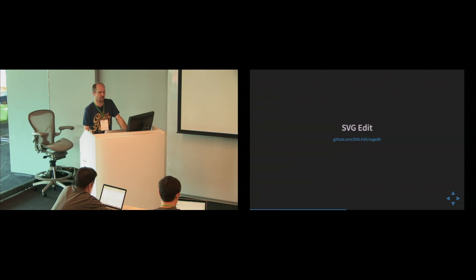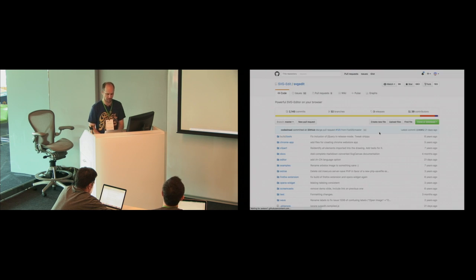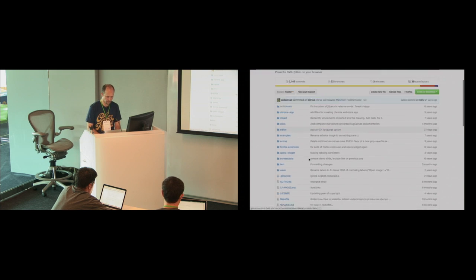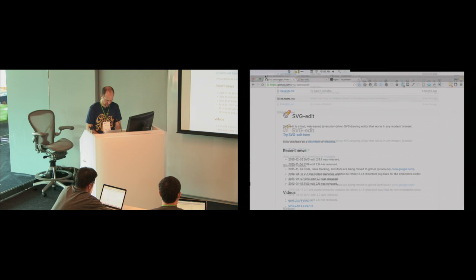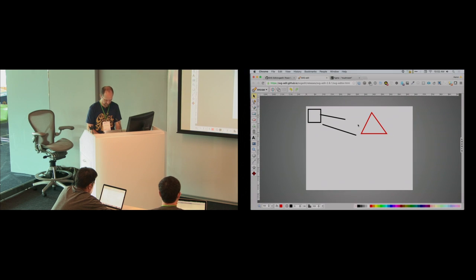There's also another editor called SVG Edit, which is definitely open source. This is actually hosted right on GitHub. And they have an online editor you can play around with. I would just use this more for a tutorial and practice because working with those shapes is awkward sometimes.